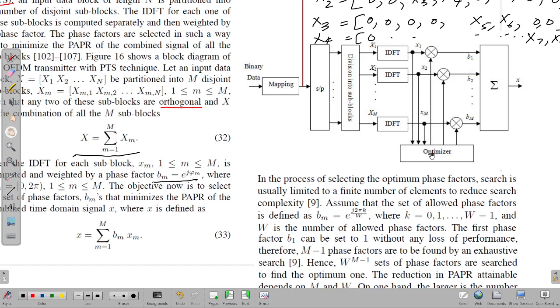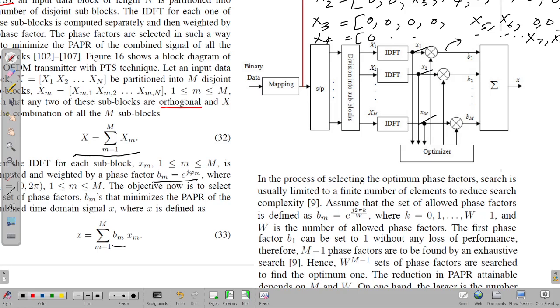The optimizer decides the value of bm's, b1, b2 up to bm, and each of these symbols x1, x2 up to xm, they are getting multiplied with bm, which is decided by the optimizer, and you have an addition of all these signals.